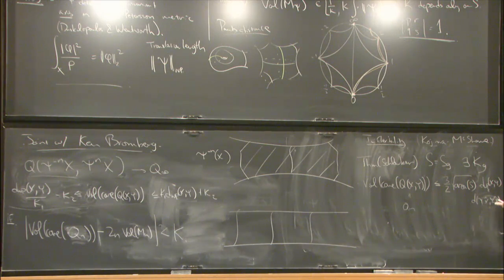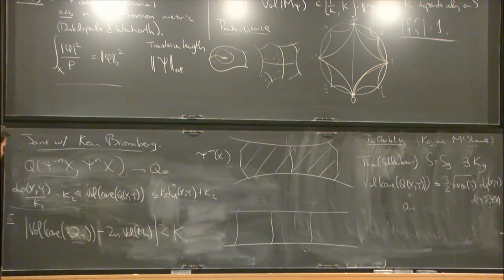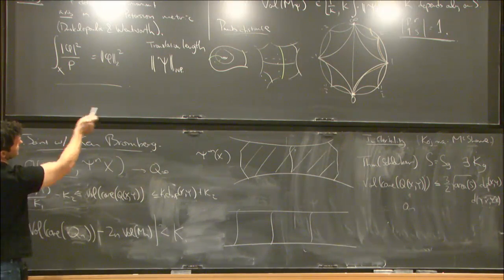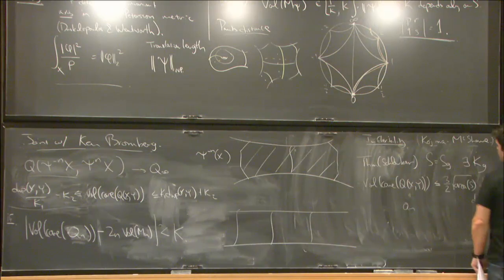Then dividing both sides by 2n gives something like the volume theorem up here for the fibered case.